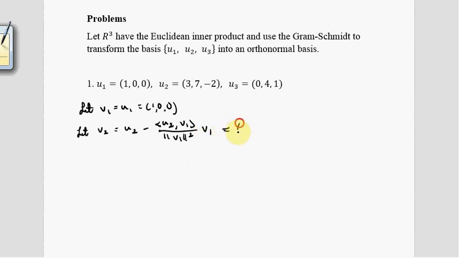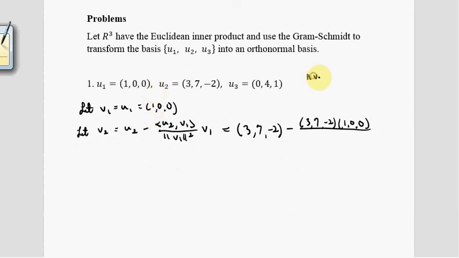So this is u sub 2, which is 3, 7, negative 2, minus the inner product of u sub 2 with v sub 1, and that's 1, 0, 0, all over the norm of v sub 1 squared.